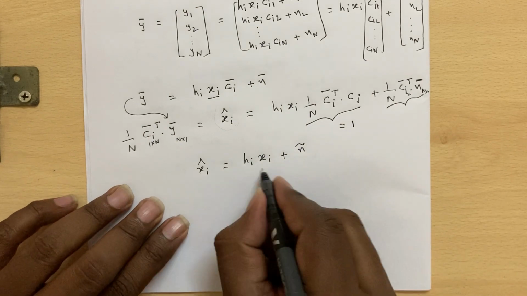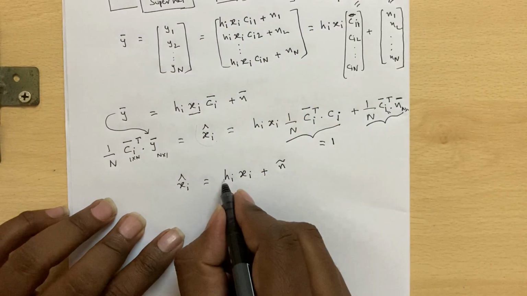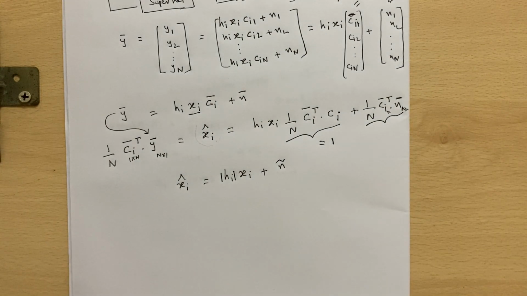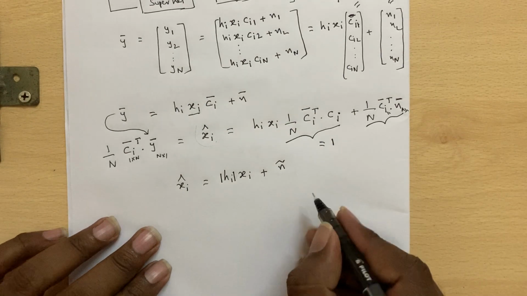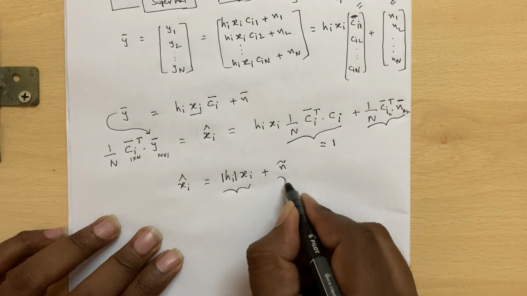Okay. So before that, we will remove the unknown phase here because we're using channel estimation techniques. If you see, this is the signal component and this is the noise component.